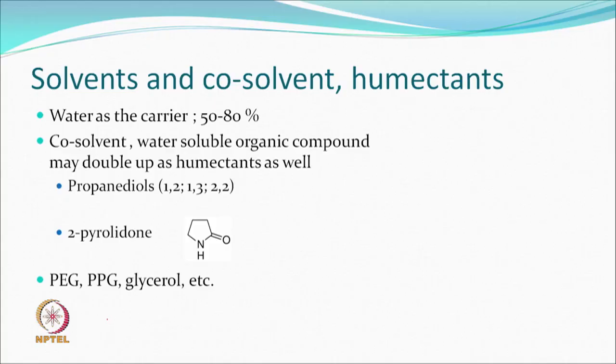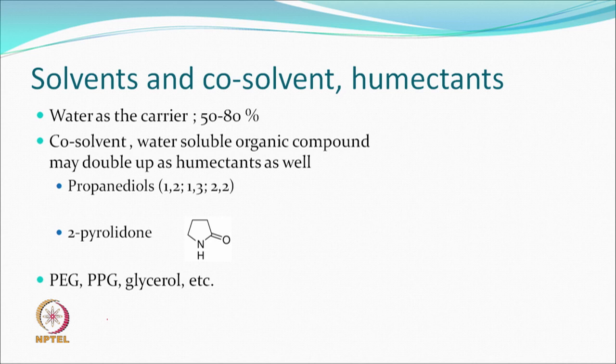Some examples we can think of: the solvents, co-solvent, humectants. Water obviously is a carrier which may form about 80% of the volume. So, the co-solvent, water soluble organic compounds may also double up as humectants as well. That would mean you will have to add less amount of material.